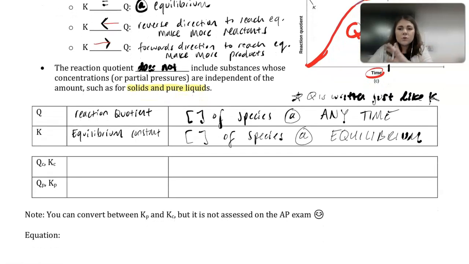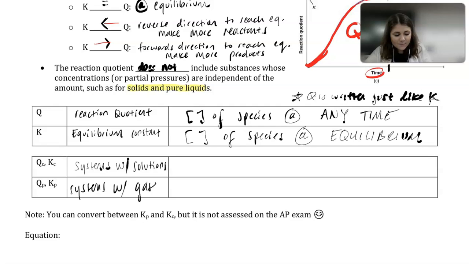And so again, to talk about Qc versus Qp, Qc is systems with solutions, while Qp is systems with gases.